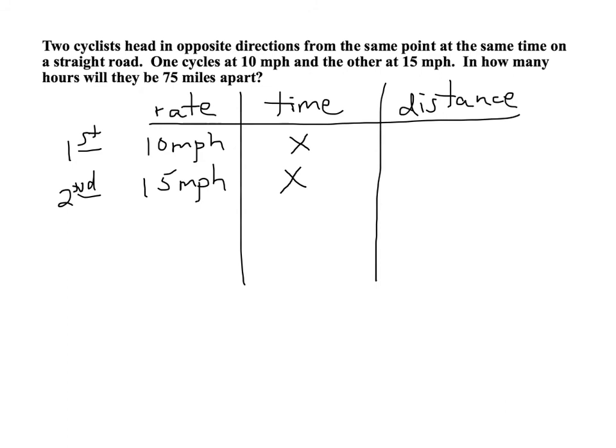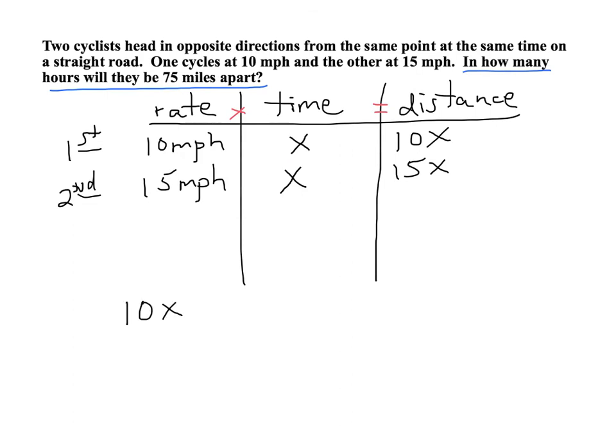Once again, I'm always going to be multiplying the rate times the time to get the distance. So my first row, I get 10x for the distance. For my second row, I get 15x for the distance. The question says, in how many hours will they be 75 miles apart? So the total distance that they are going to travel together between the two of them would be 75.